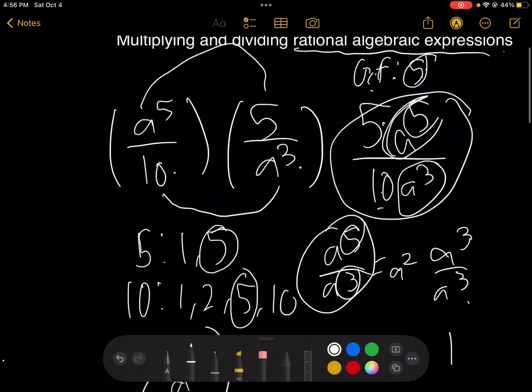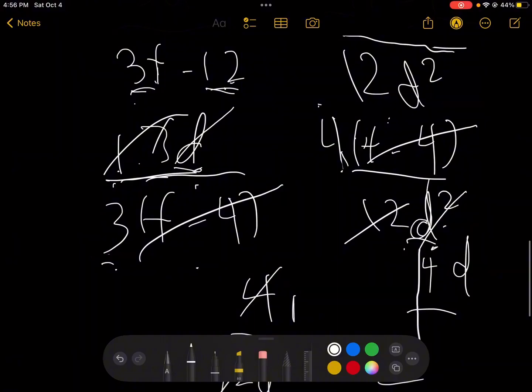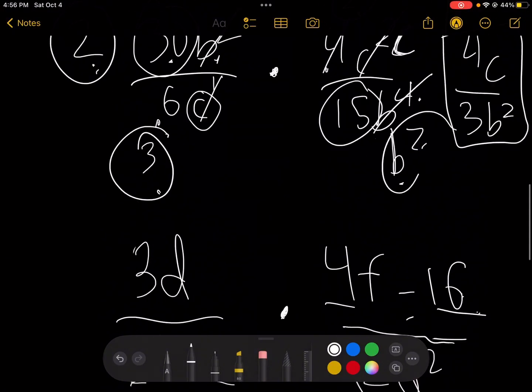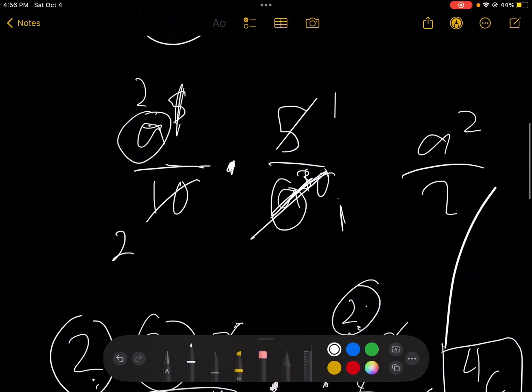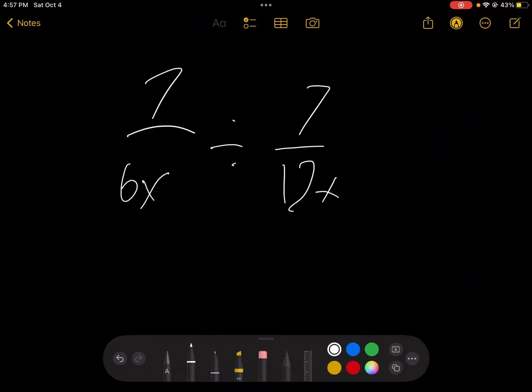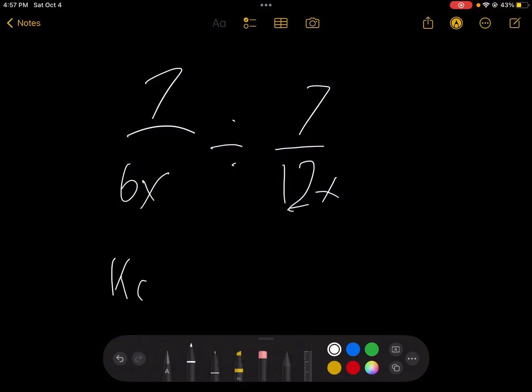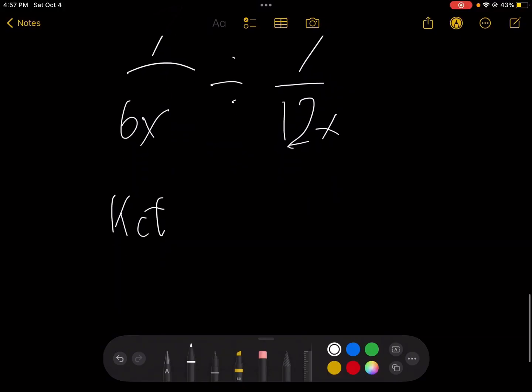Now let's go to division. It's basically the exact same thing, but there's an extra step. You don't do what we did immediately. First, here's how I interpret it. It's KCF, not KFC, but KCF.